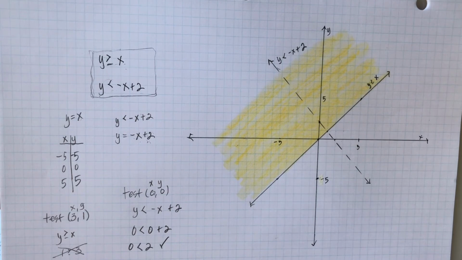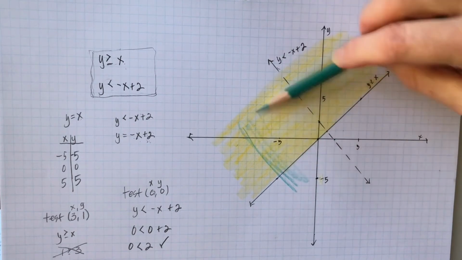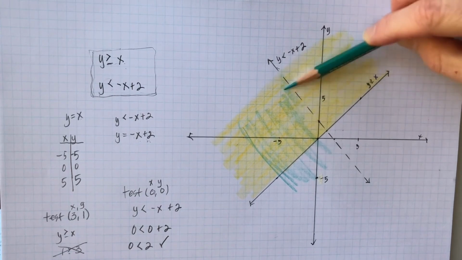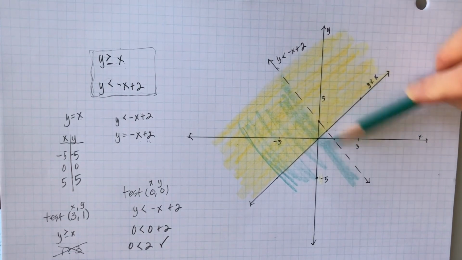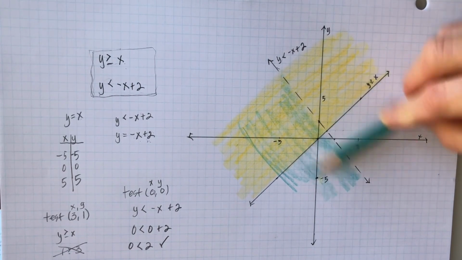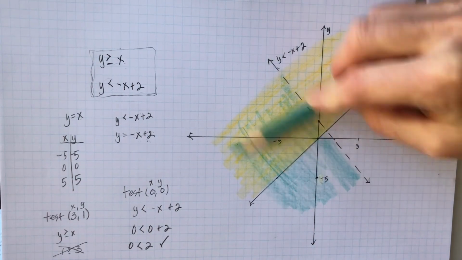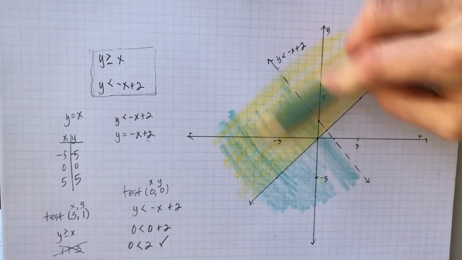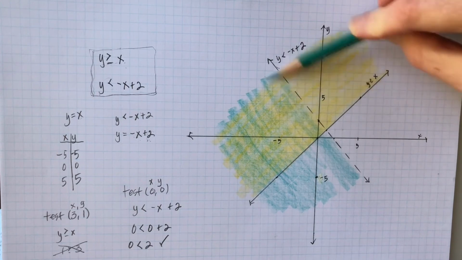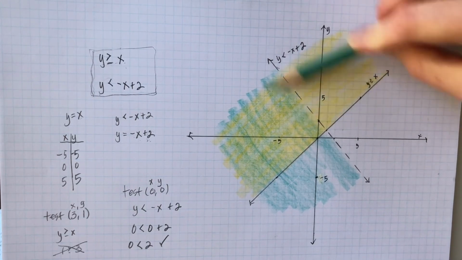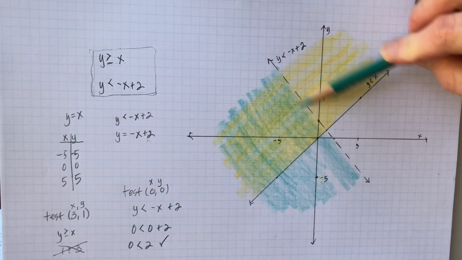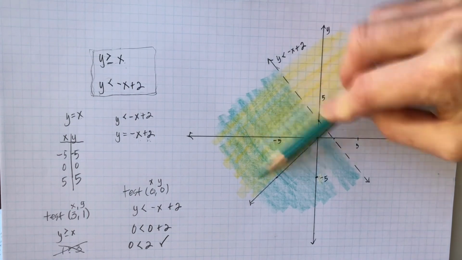So let me grab another color and we're going to shade that color. And now we have this second solution being shaded over. And notice that we have this nice overlap area here where we have both the yellow and the blue together. And this overlap area is the solution for this system of inequalities.